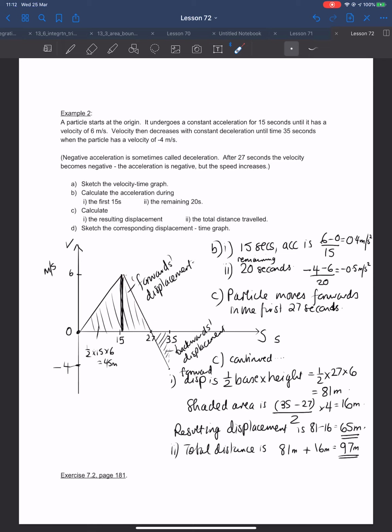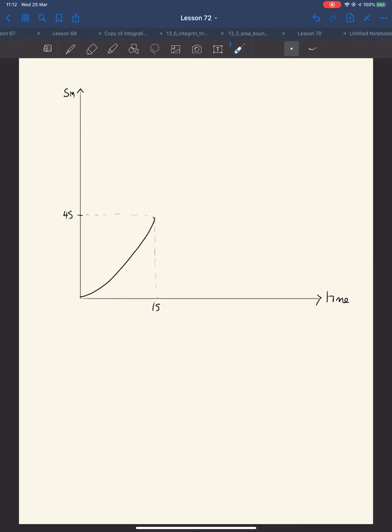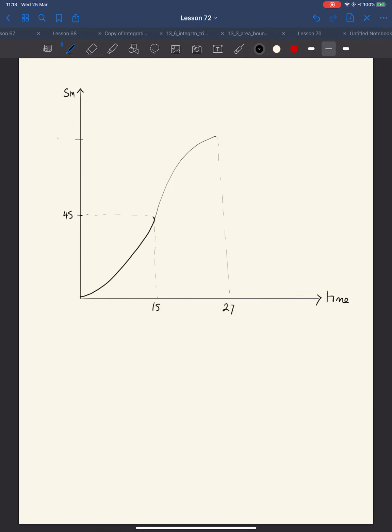But it is slowing down. So we've got to go there. And that's going to be at 27 seconds there. At that point, after 20 seconds, it's done 65 metres.